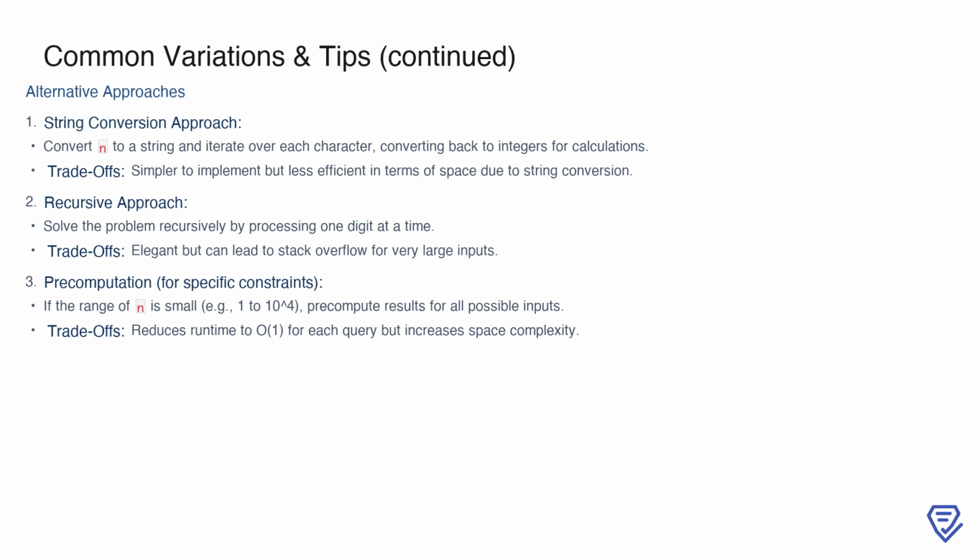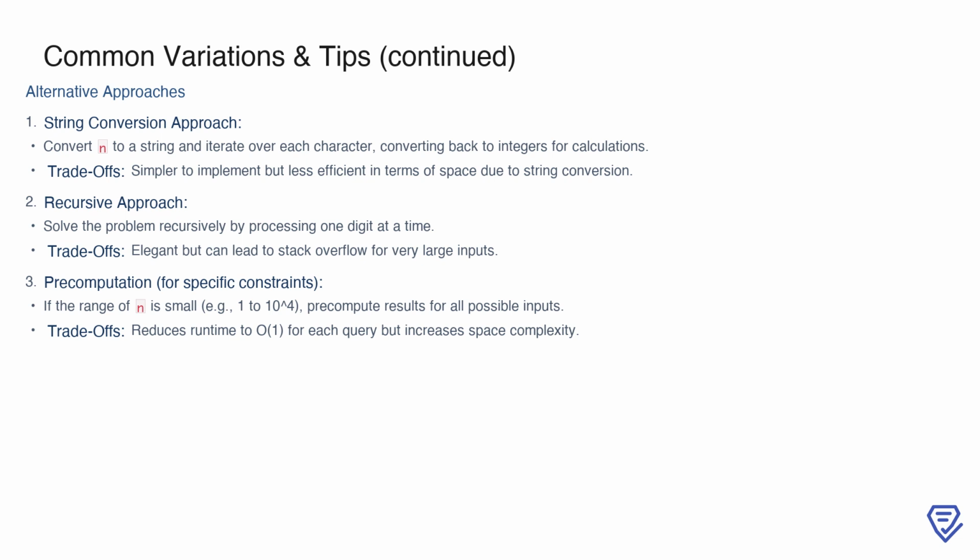To approach this problem differently, there are 3 alternative methods you might consider. First is the string conversion approach, where you convert the number to a string and iterate over each character, converting them back to integers for calculations. This method is simpler to implement but comes with a trade-off of increased space usage due to the string conversion. Second is the recursive approach, which processes one digit at a time by reducing the number in each call.